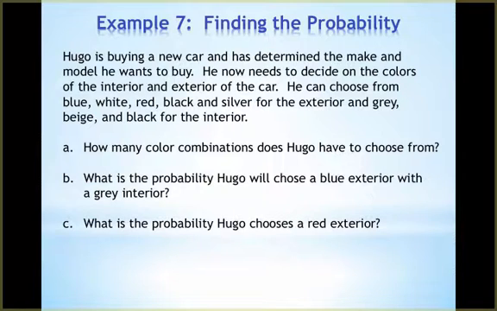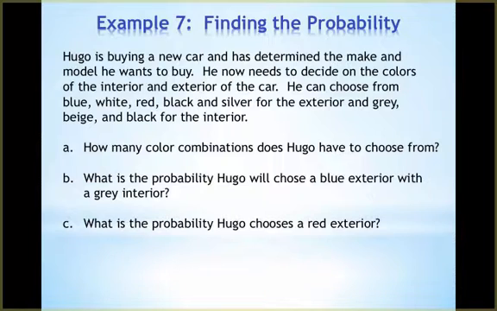Now we'll look at a word problem. Hugo is buying a new car and has determined the make and model he wants to buy. He now needs to decide on the colors of the interior and the exterior of his car. He can choose from blue, white, red, black, and silver for his exterior, and gray, beige, and black for the interior. So for A, how many color combinations does Hugo have to choose from?